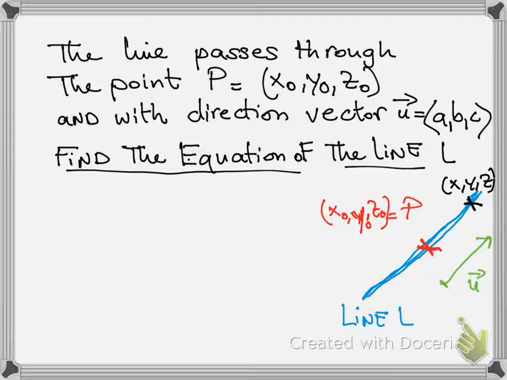So if you take this vector here, which goes from P to the point x, y, z, then you know that this vector is parallel to the vector u.